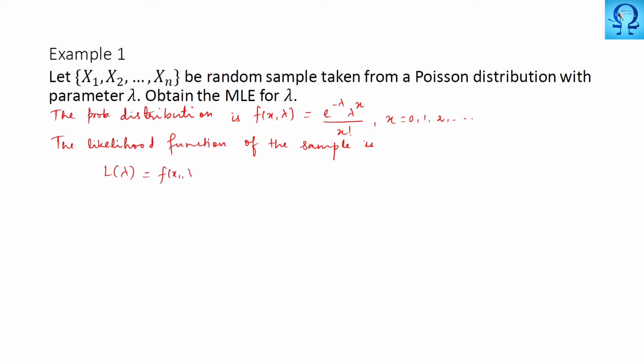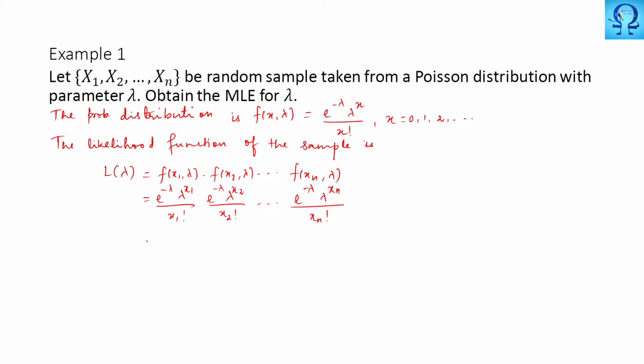It is f of x1 comma lambda, times f of x2 comma lambda, till f of xn comma lambda, isn't it? So when you write it down, it is e to the power minus lambda, lambda to the power x1 upon x1 factorial, times e to the power minus lambda, lambda to the power x2 upon x2 factorial. Like this, till e to the power minus lambda, lambda to the power xn upon xn factorial.